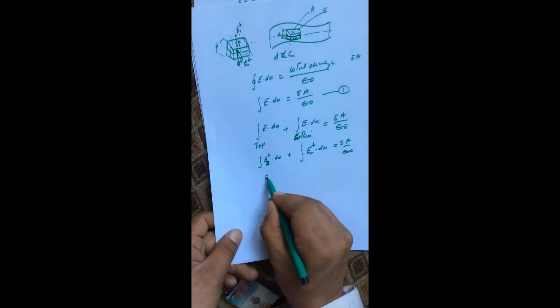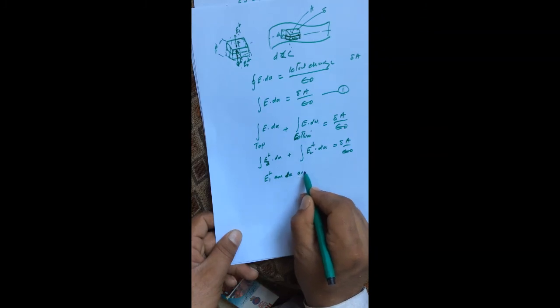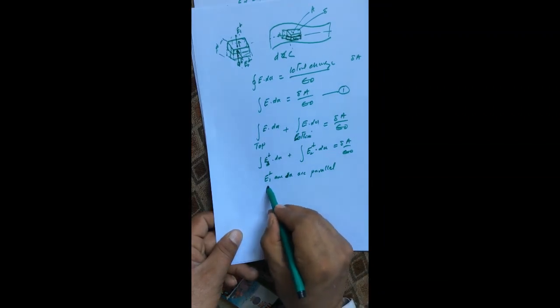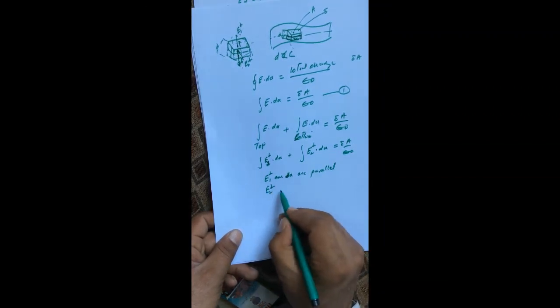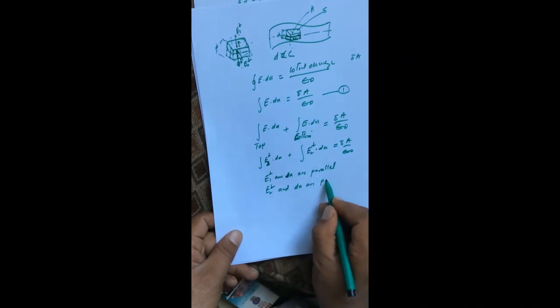Now E1 normal or perpendicular component and dA are parallel. E2 normal or perpendicular component and area dA are antiparallel. Here theta is 0, here theta is 180 degrees.